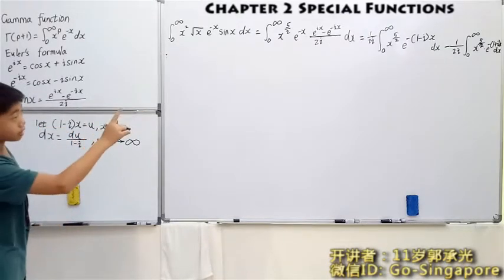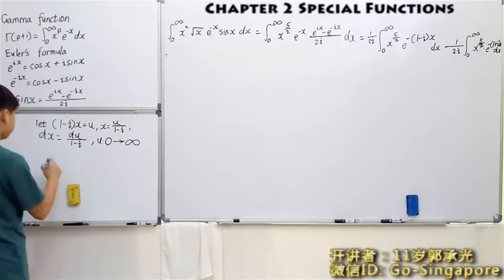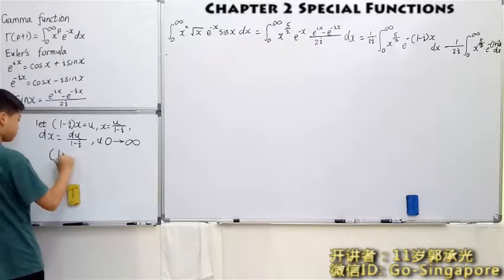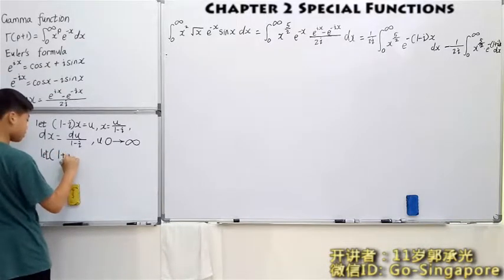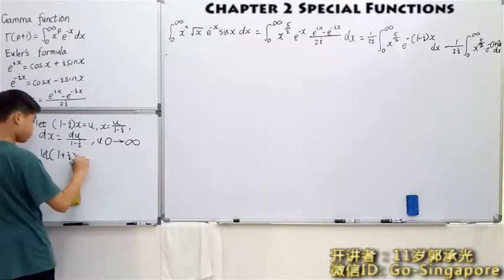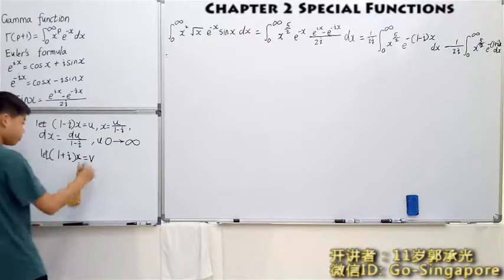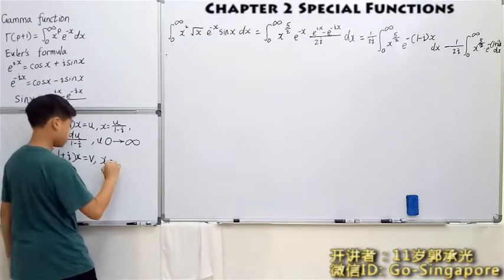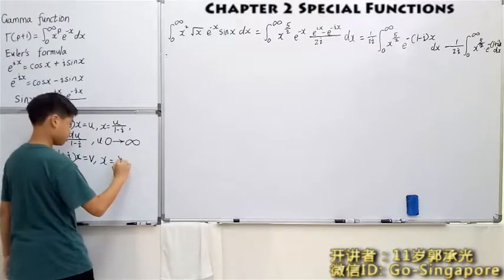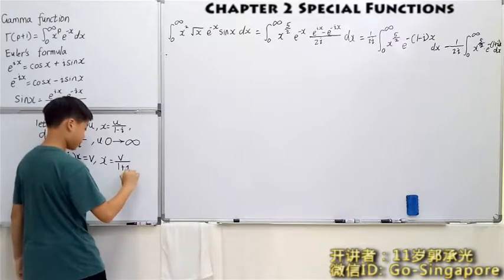Then the second part, where now it's a 1 plus i. So we can let this (1 plus i) x be equal to v. x would be equal to v over 1 plus i.